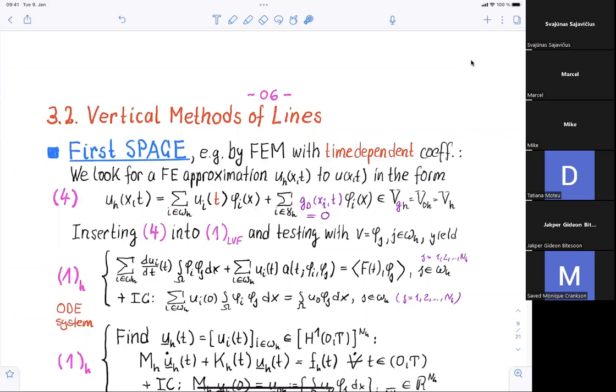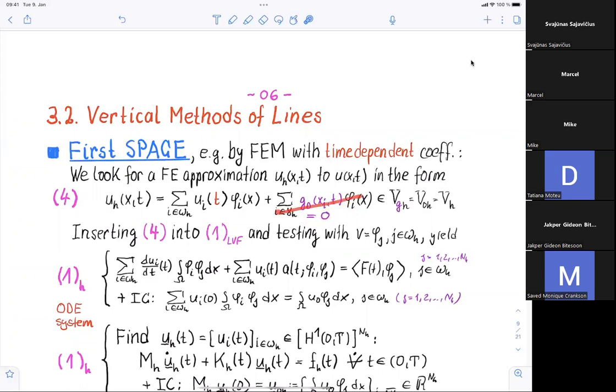It's the same idea as in the proof of existence and uniqueness. You remember, this was an orthonormal system. Now I use the hat function, a finite element basis function. You can also easily incorporate inhomogeneous boundary conditions. Here it is zero, homogeneous.